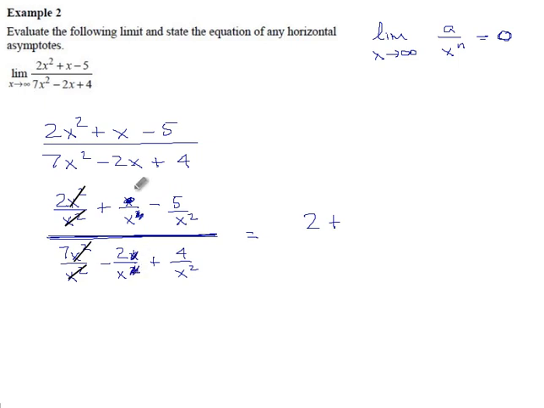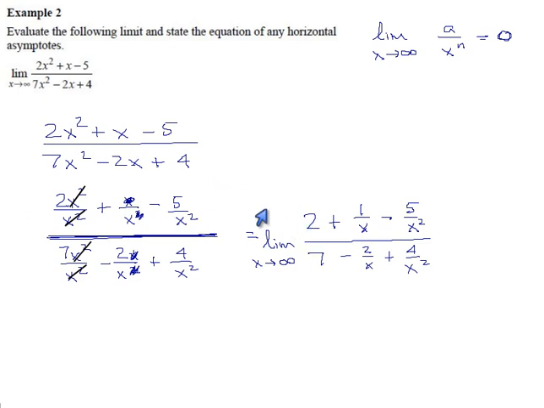So now we have 2 plus 1 over x minus 5 over x squared. Downstairs we have 7 minus 2 over x plus 4 over x squared. And we're still trying to find the limit as x goes to infinity.